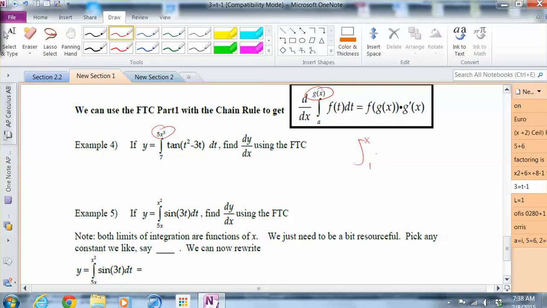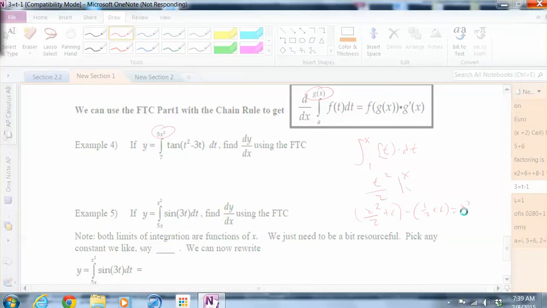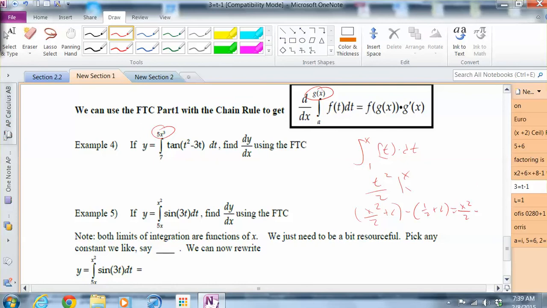We're going to go from 1 to x of t times dt, right? So the integral of that was t squared over 2. You put in 1 and x, you get x squared over 2 plus c minus 1/2 plus c, so x squared over 2 minus half, right?